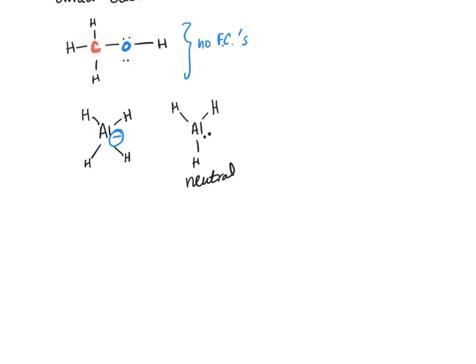Let's go to another molecule as an example. Now we have to consider that oxygen has more bonds than it needs to be neutral. This is the acylium cation.